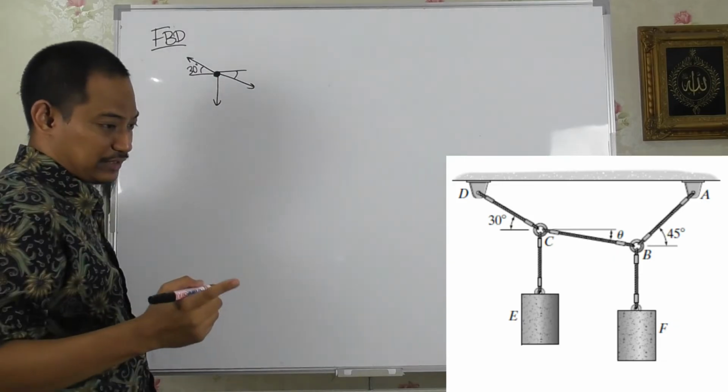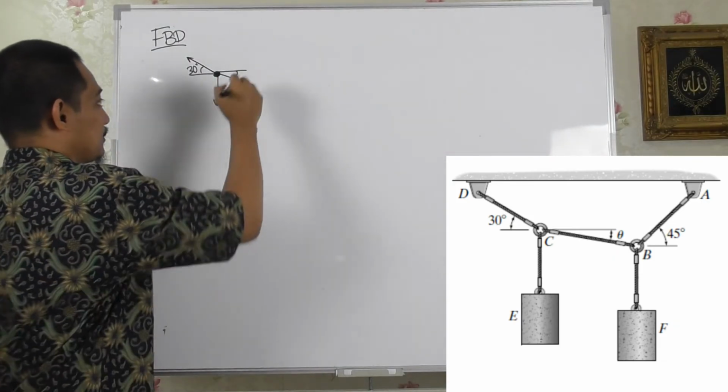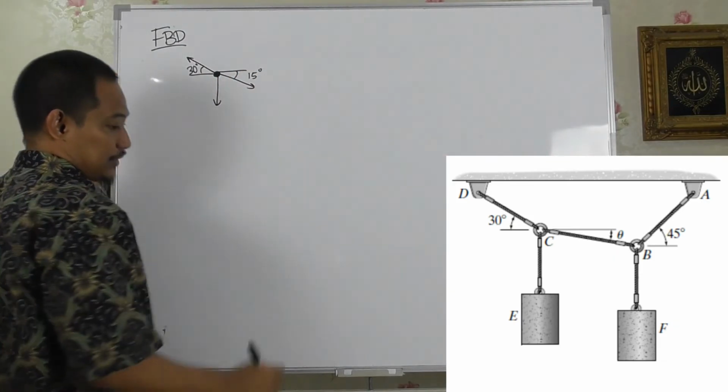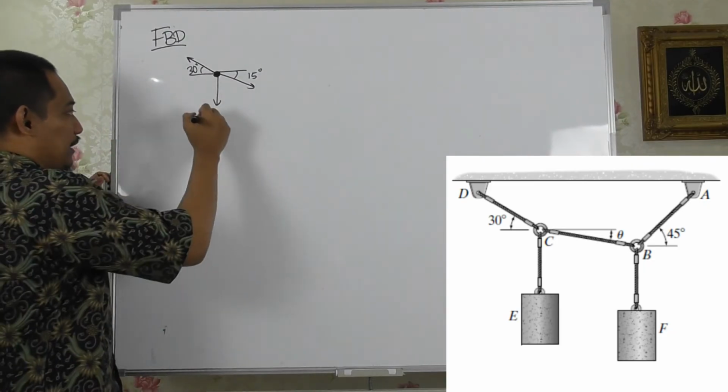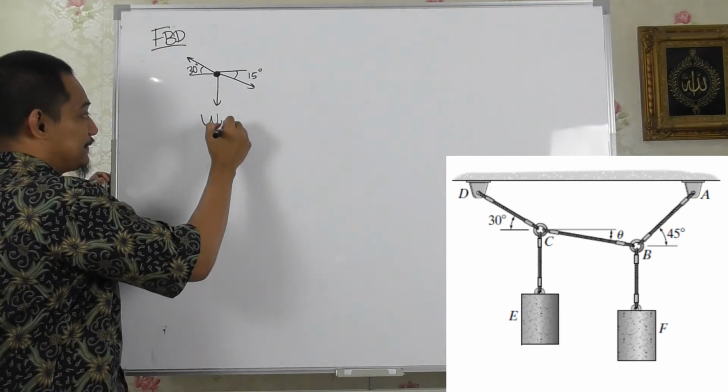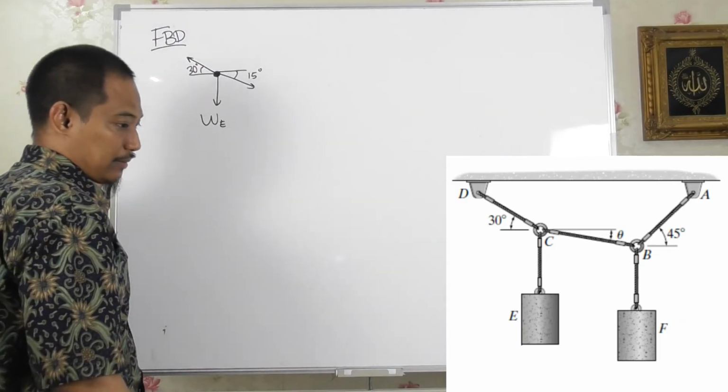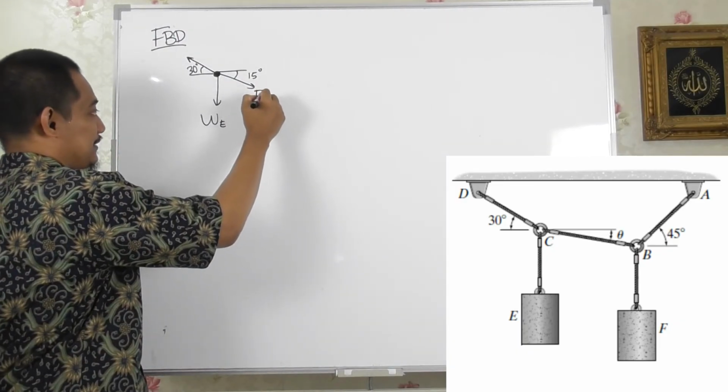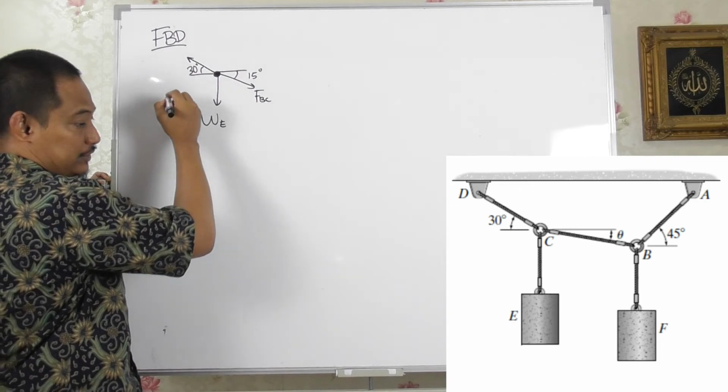The question already gives theta as 15 degrees, so this one is 15 degrees. So we have weight of E, we have weight force BC, and then we have force CD.